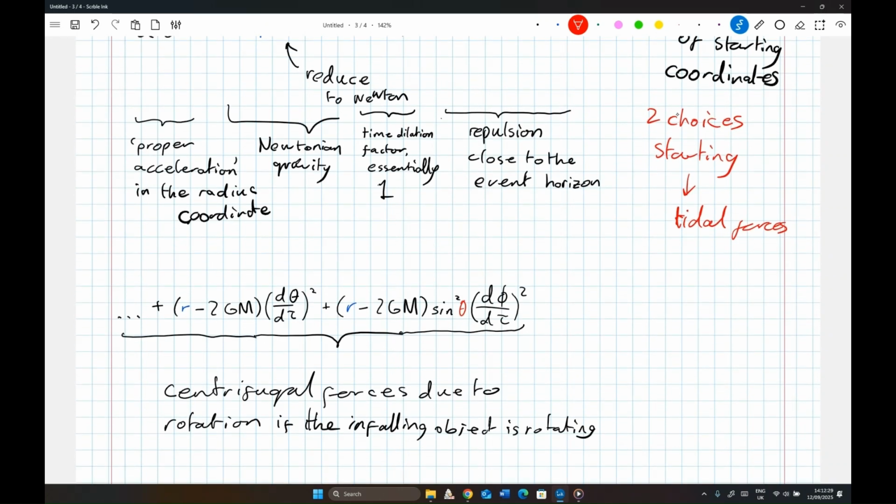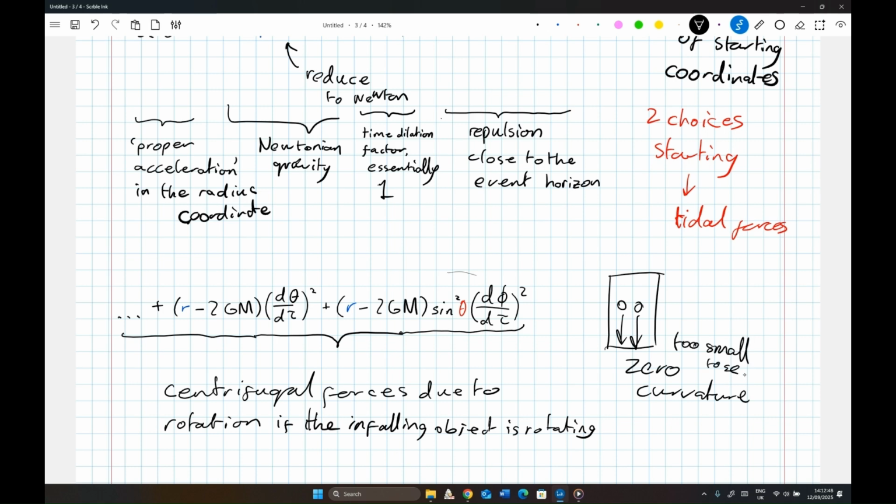So over small regions, here is a box with two apples falling. There is zero curvature here. This is too small to see. So almost zero.